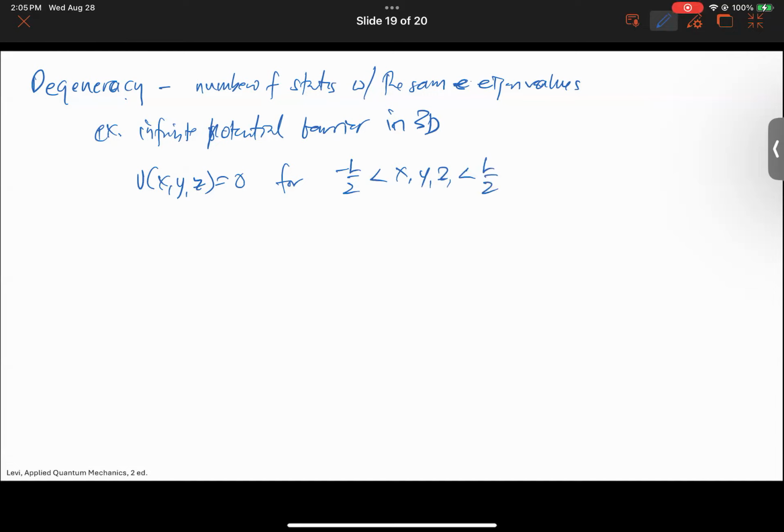This is in 3 dimensions. And the potential is infinite for x, y, z less than negative L over 2 and greater than L over 2, so outside the boundary. Now the Hamiltonian here, we can break down into its component forms.